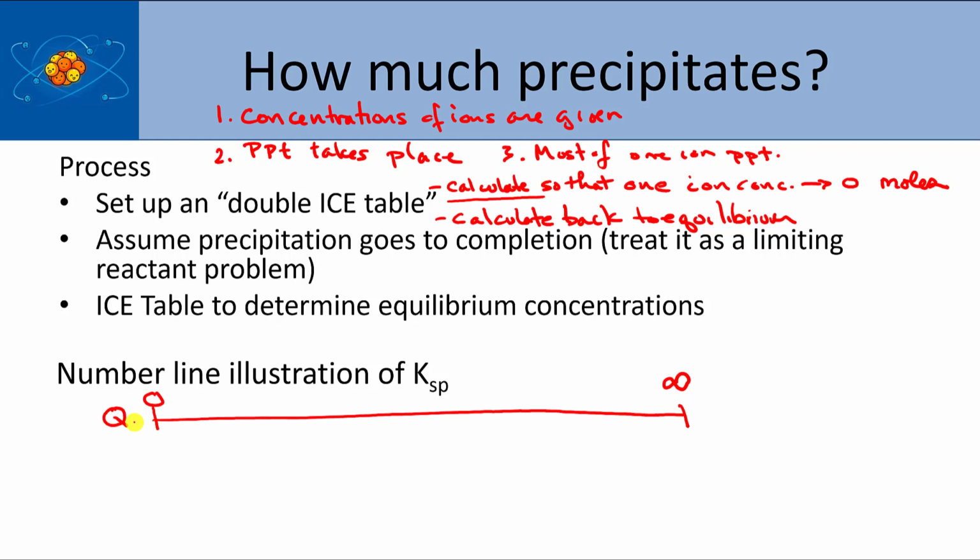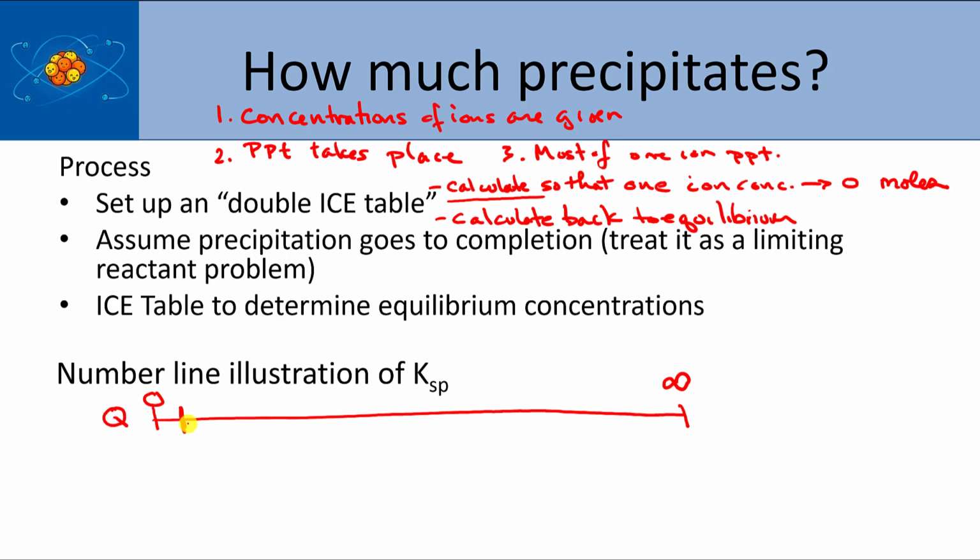And what do you know about Ksp? You know Ksps are really small. So Q represents all variations of concentrations, but regardless, Ksp is a small value, so Q will be equal to K way down here somewhere.